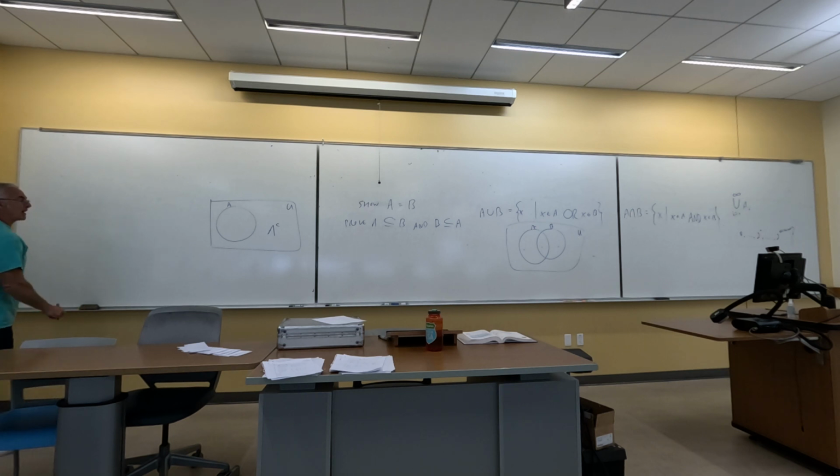So how do I define a complement? What is this in set notation? Let's keep it simple. It's the set of all x's, and again, all x's in the universal set, or you can just say the set of all x's such that, and in this context, as you know, in set builder notation, the vertical bar means such that. And I like the vertical bar because not only does it mean such that, it separates my thoughts.